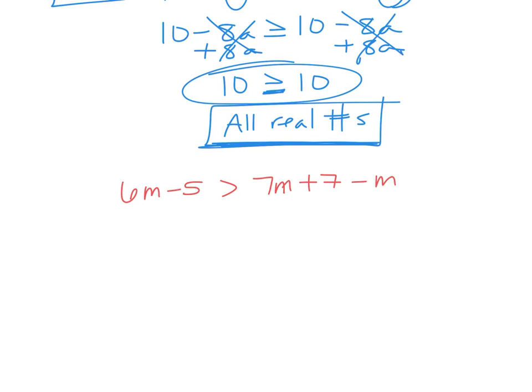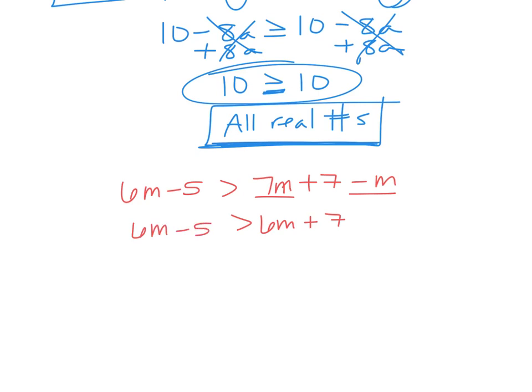We're not going to add the 6 yet. We want to simplify first. What can we simplify? Combine like terms, right? So I have 7m minus m. What is that? That's 6m, right? So I have 6m plus 7, and I have 6m minus 5.